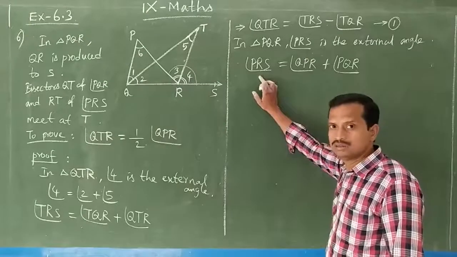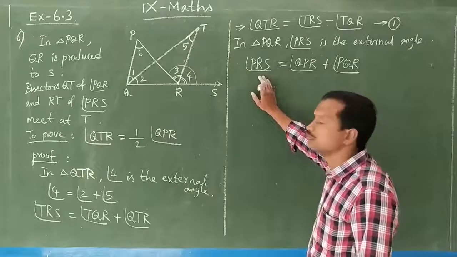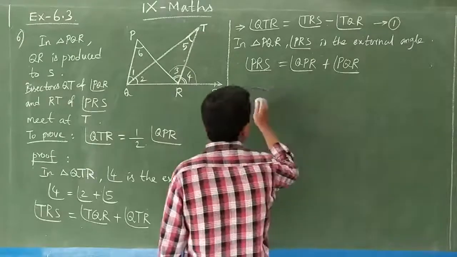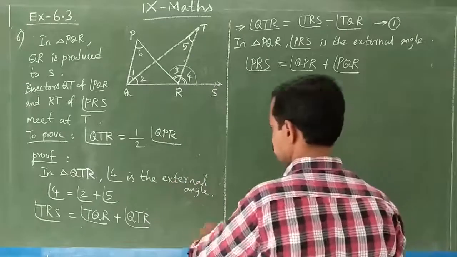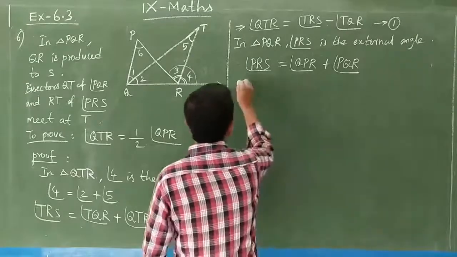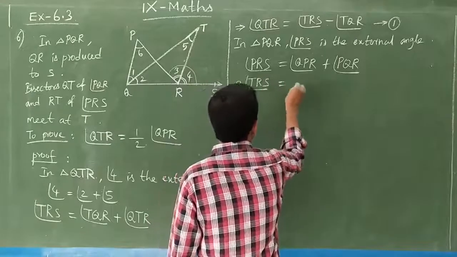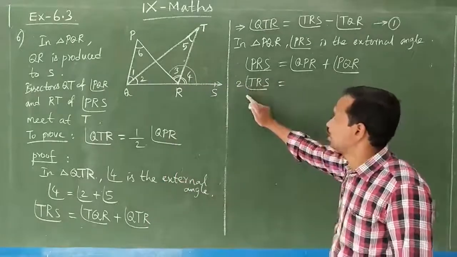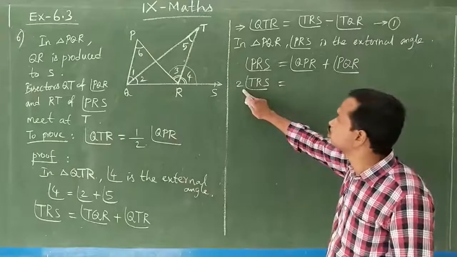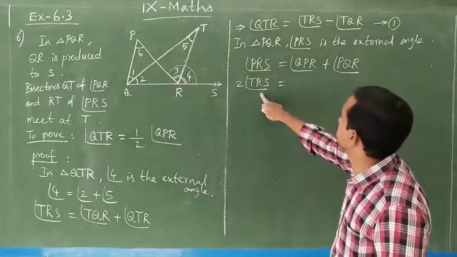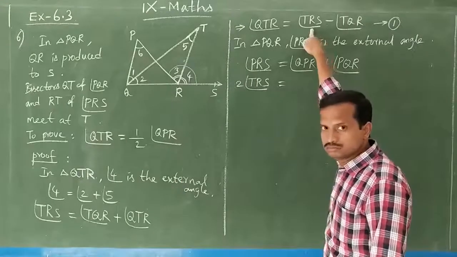Because you see how I am writing. PRS has substituted as 2 into angle TRS. Because TRS is also here in this equation.